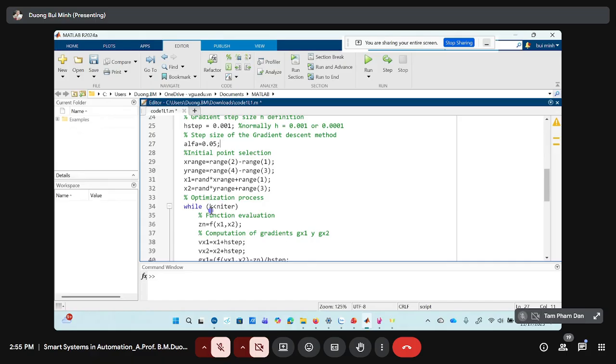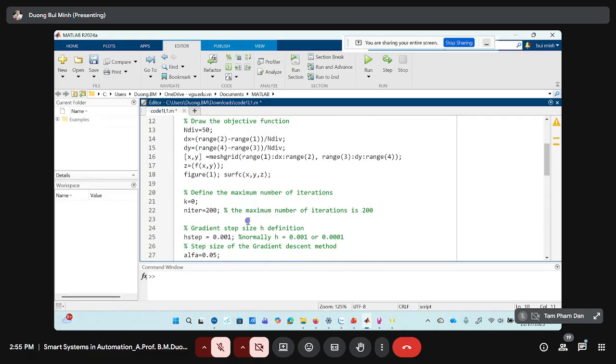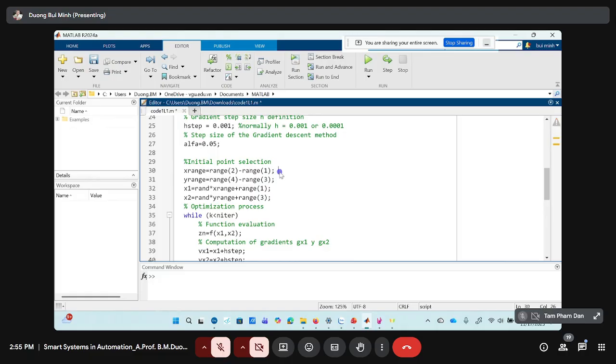So we can choose x1 and x2 randomly at the beginning. Now the initial point selection: x range is range 2 minus range 1. Range 2 is 1 and range 1 is minus 1, so x range is 2.